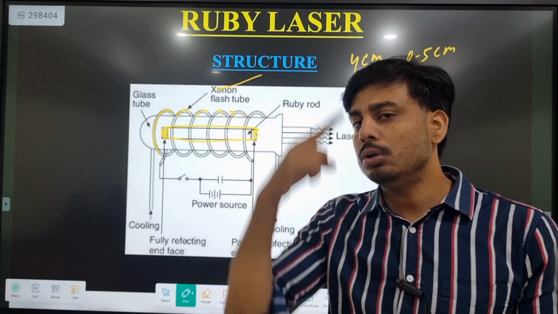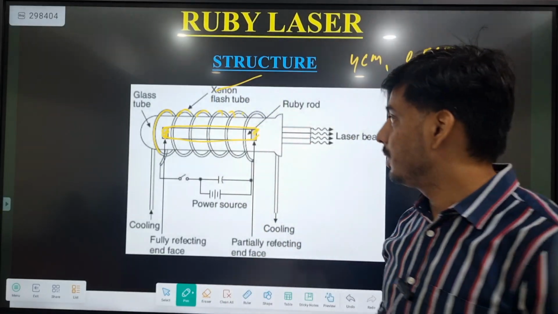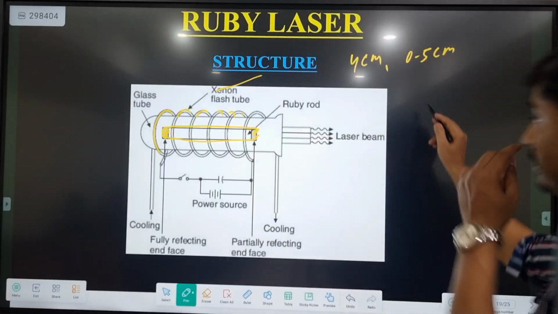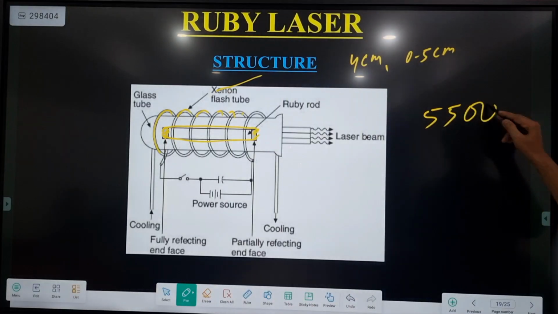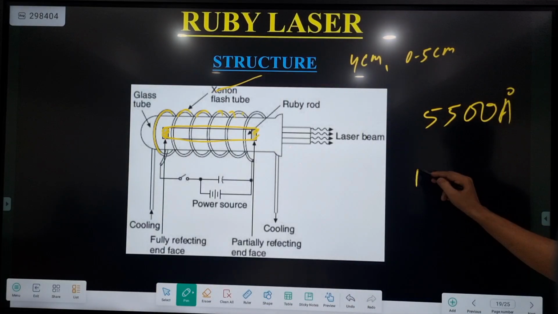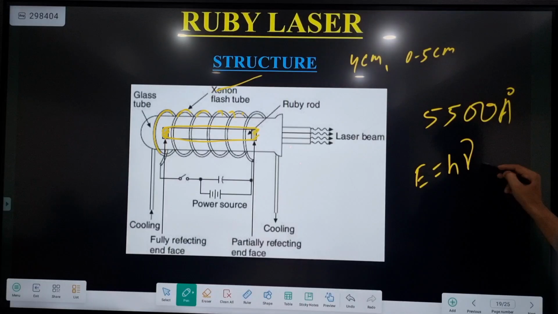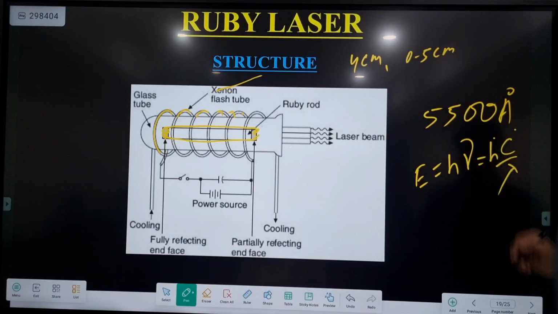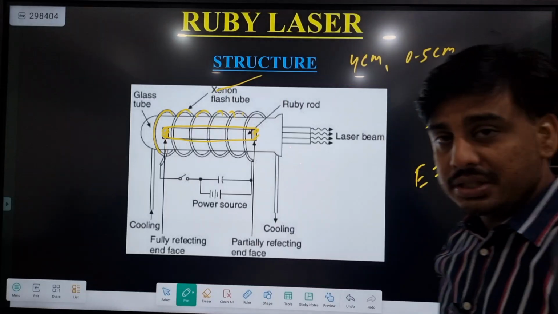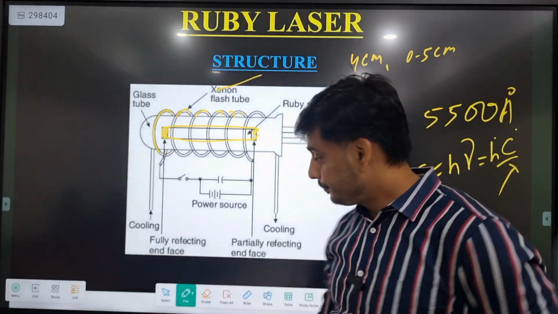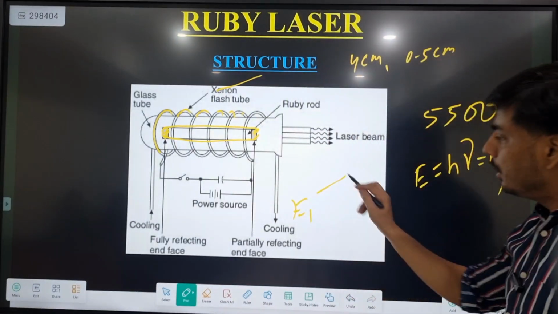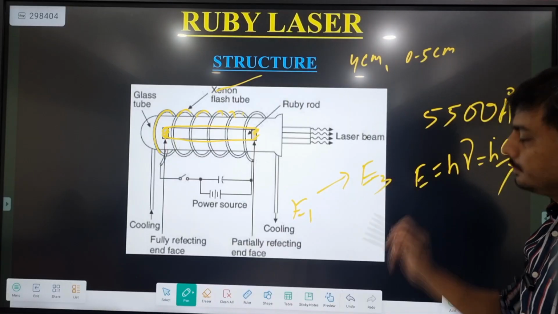They go directly to the third energy state, because the wavelength of xenon light is 5500 angstrom. Energy is equal to hν, that is hc by lambda. If you put in the values, you will get the energy. That much energy is sufficient to move the particle directly from E1 to E3.